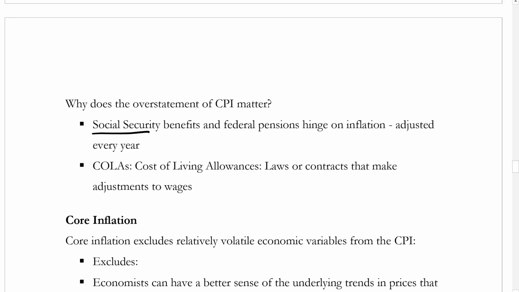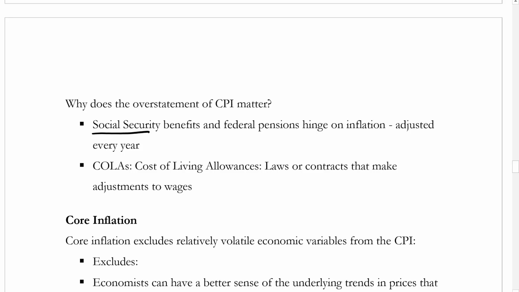Same thing could be said for COLAs, cost of living allowances. Not quite as common in the United States, but essentially contracts or clauses written into labor contracts, for example, to say that your wage will be increased by the consumer price index inflation rate every year.